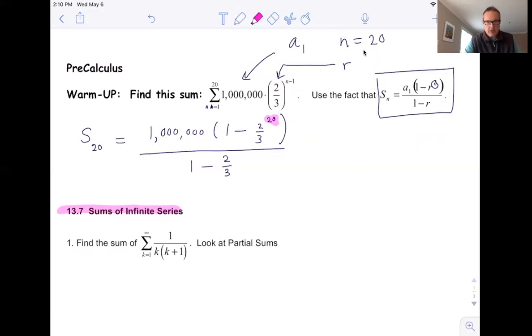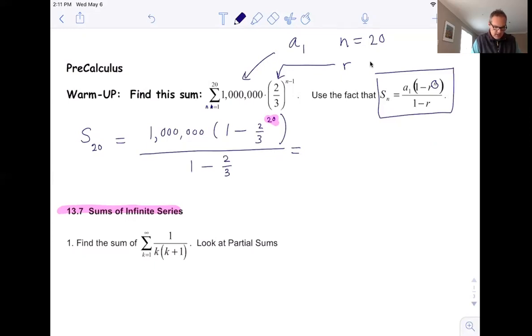And if you're careful about this, you could calculate it. This is going to be just under 3 million. And in fact, pardon me, I had this written out and I can't find the paper, but it's 1 million times 1 minus 2/3 raised to the 20th power, and then divided by 1 minus 2/3.